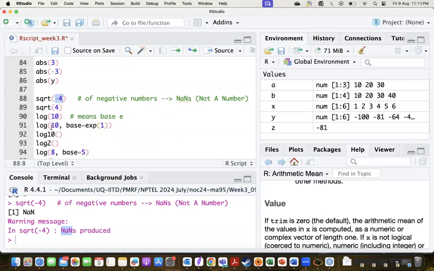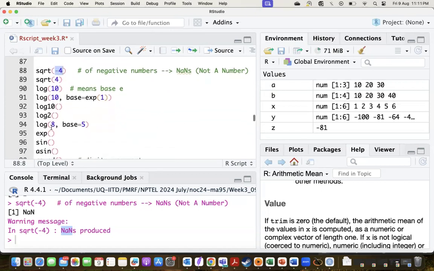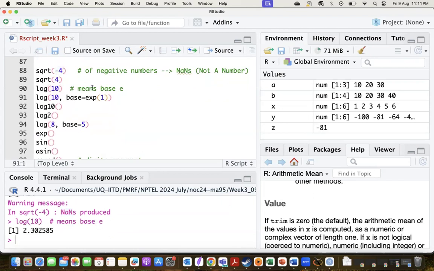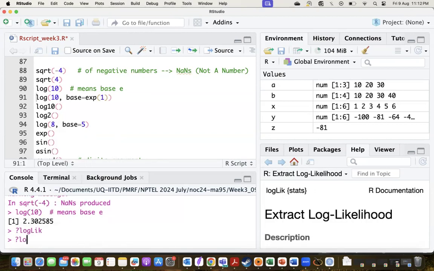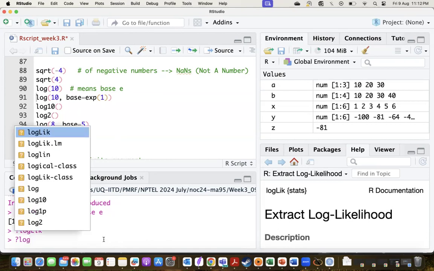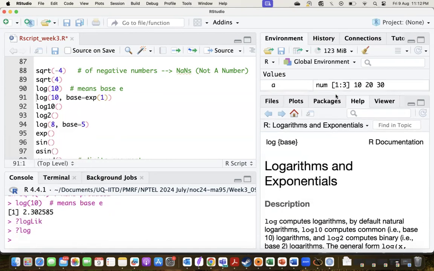Okay. There are also functions to get log. So if you just write log of a number, by default, the base is going to be E, but you can specify. So let me open the help of the log function here.